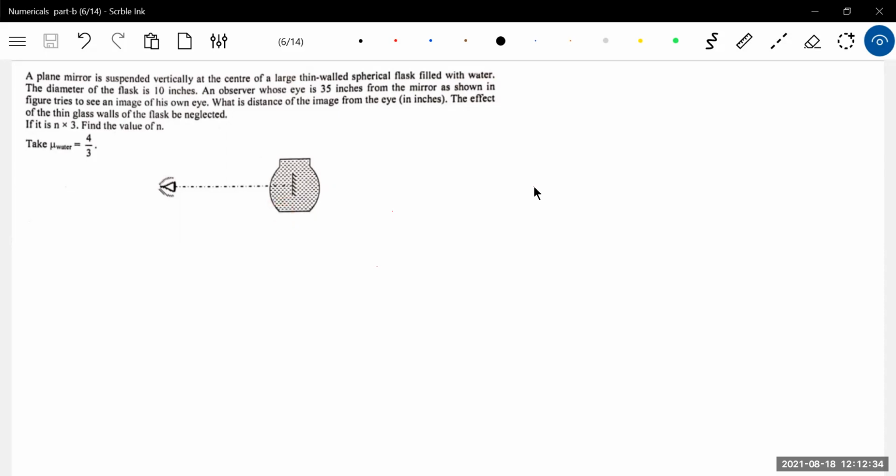You know this question? It's asked in a little bit different way. The diameter of the flask is 10 inches, so you can take this as 10 inches.